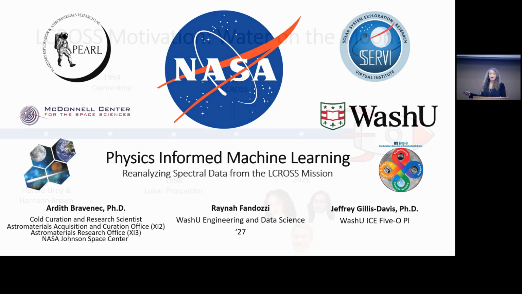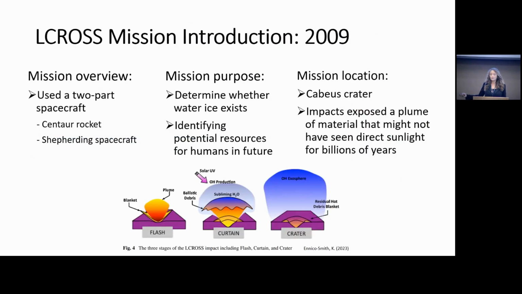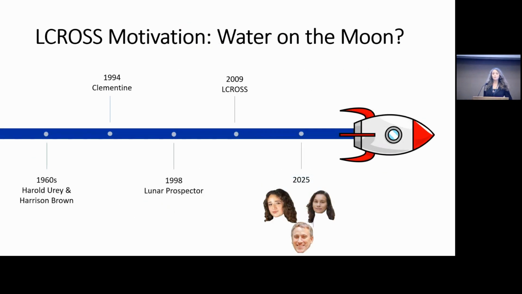A little bit of background: the process for finding water on the moon has not been straightforward. In the 1960s, it was nothing more than a theory that was shot down, then followed up by remote sensing in 1994 and 1998, which led us to see some discrepancies and understand the motivation behind wanting to explore water on the moon further.